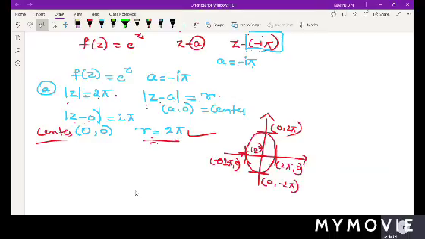Now observe the problem here. The point z is equal to a is equal to minus i pi.